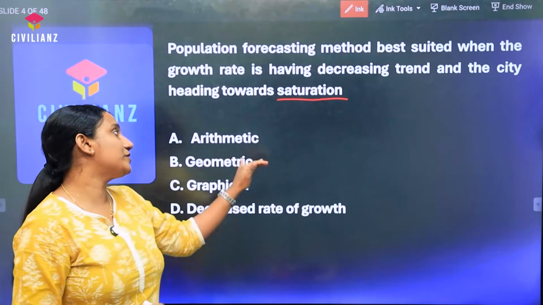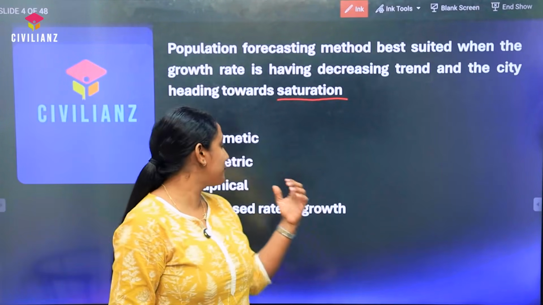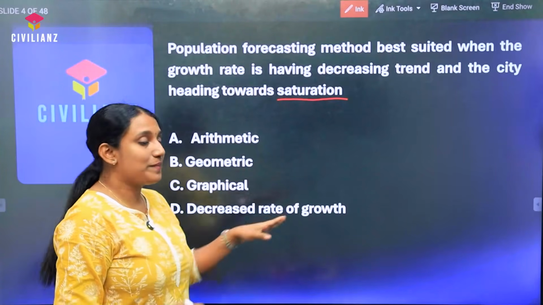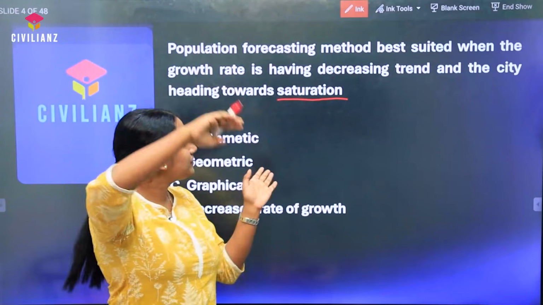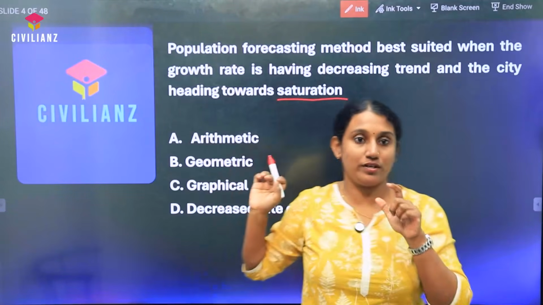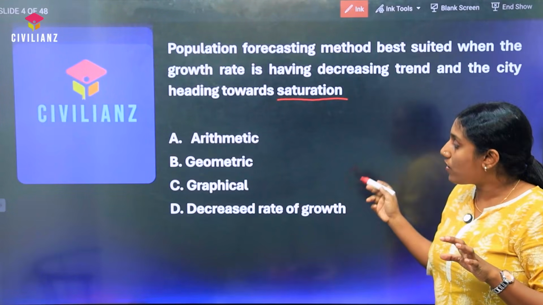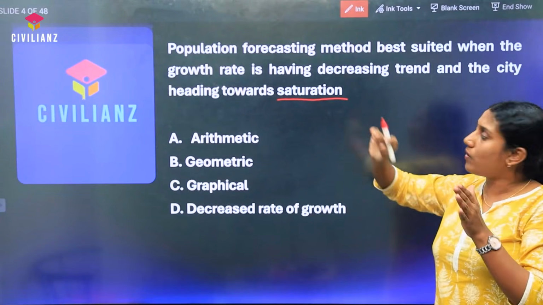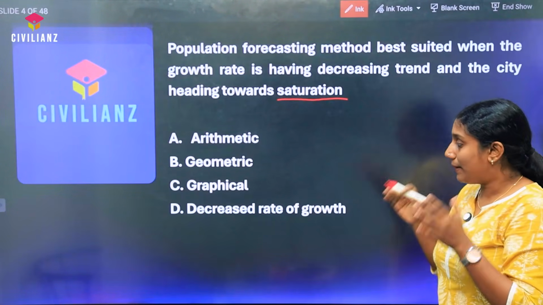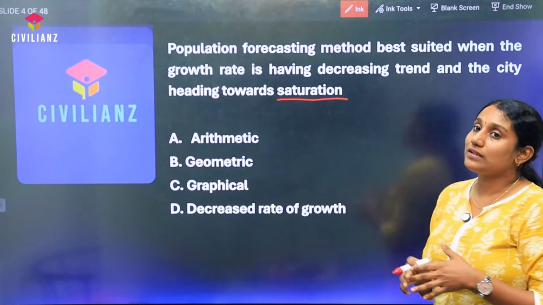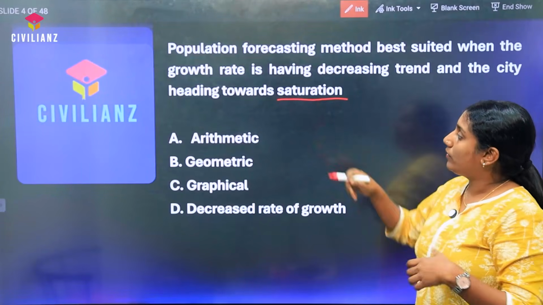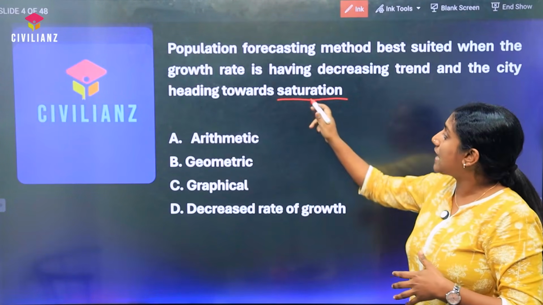The arithmetic increase method is obviously used for old cities, as already discussed in the previous question. The geometric increase method, with its increasing rate, is not used at the saturation point. The graphical method is also used for growth rate calculation, not for saturation. But the decreasing rate of growth method is mainly used to calculate growth rate at saturation.